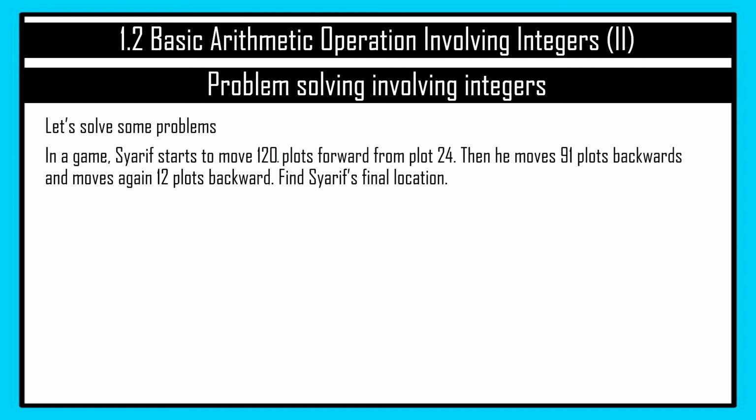Okay, it says it moved forward from plot 24. So it means that in this game, it starts at the box that is 24. Okay, and then it moved 120 squares, and it arrived at this location.